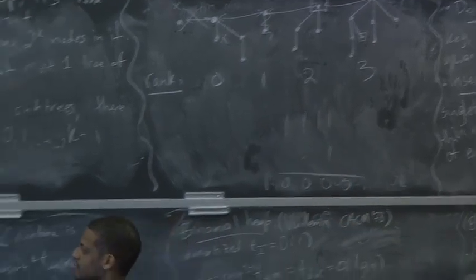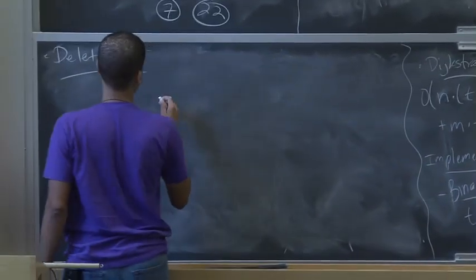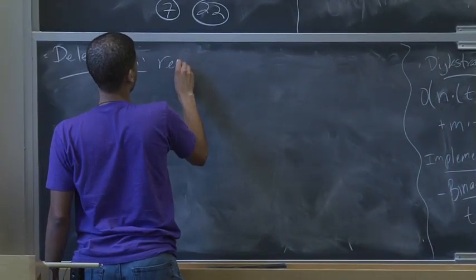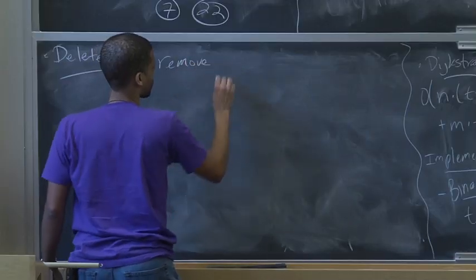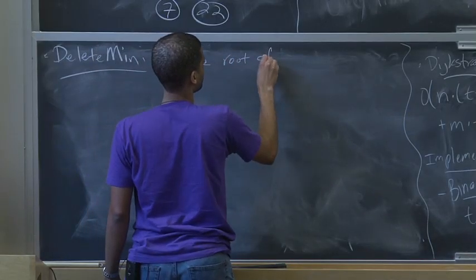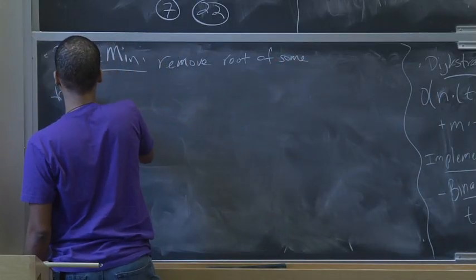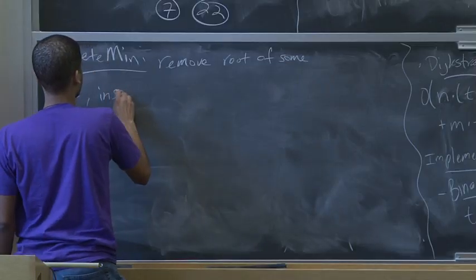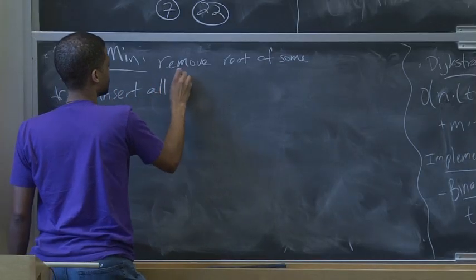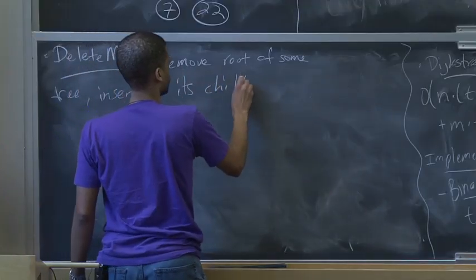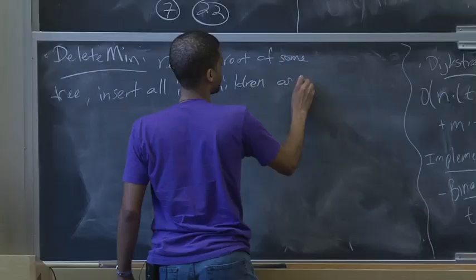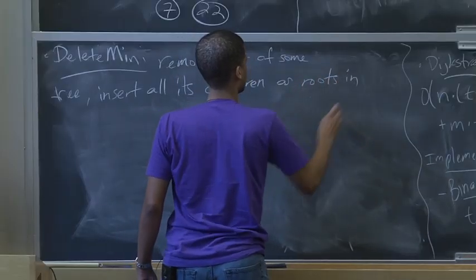Okay, so delete min is: remove the root of some tree, namely the minimum, and insert all its children as roots in the main forest.